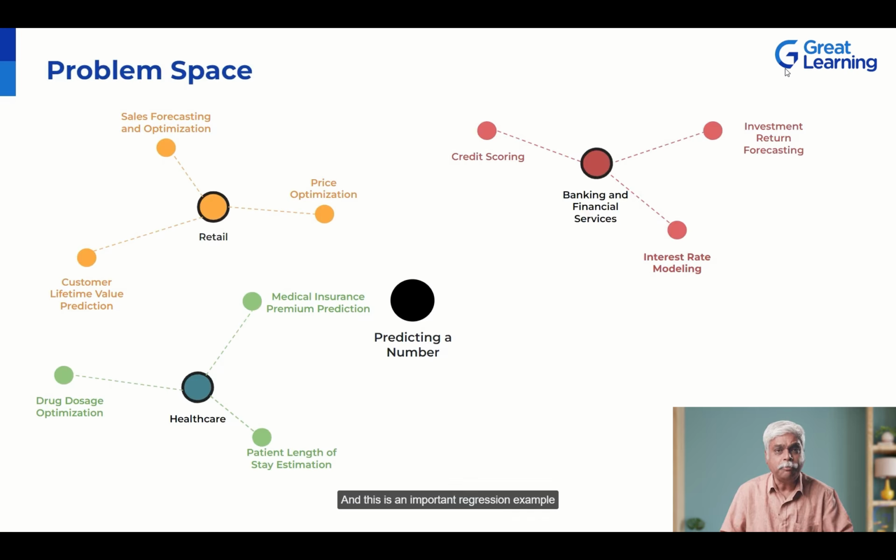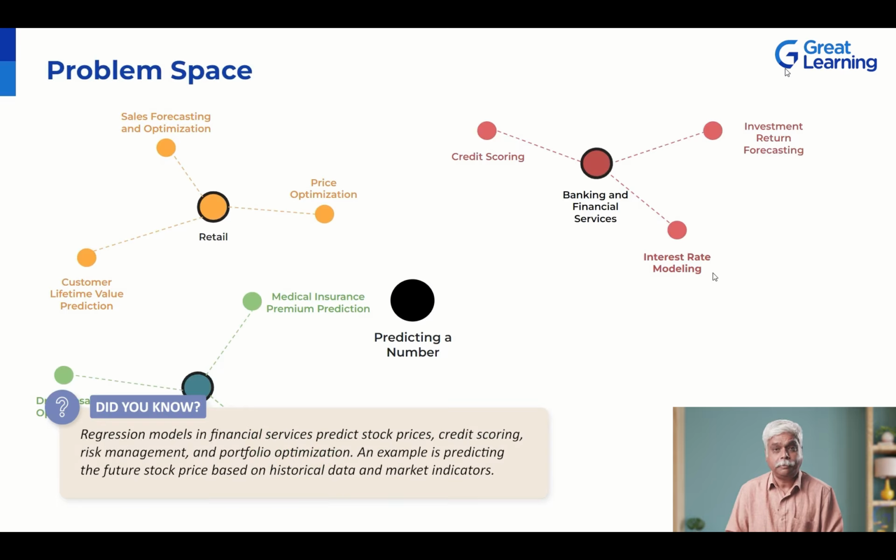And this is an important regression example with deep consequences, because how you predict returns will determine not just the state of a specific portfolio, but the state of many portfolios relating to what happens in an economy, and has implications for what central banks, for example, do to model interest rates.